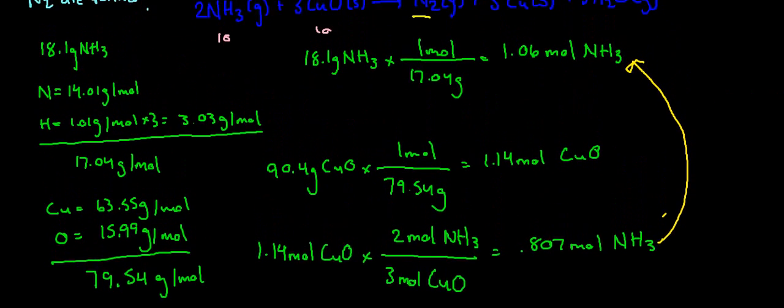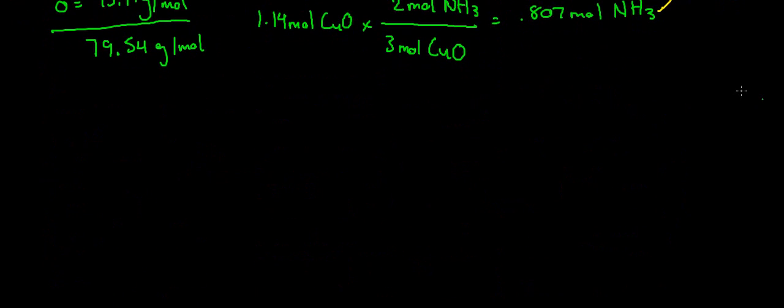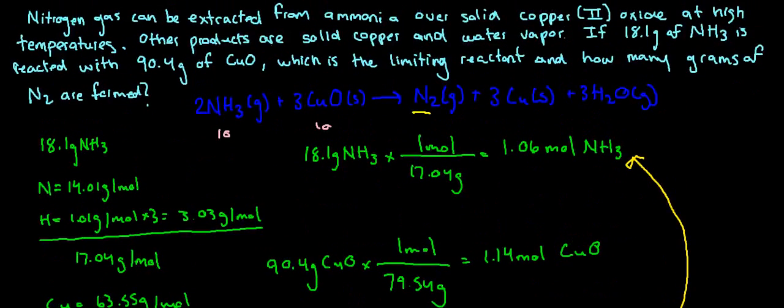So what I'm going to do is compare the ratio of copper to nitrogen now. To figure out how much nitrogen I can get, I have 1.14 moles of copper oxide. All of this is going to be used up. I don't really care how much ammonia there is, and I don't really care about copper and water right now. All I care about is finding the grams of nitrogen.